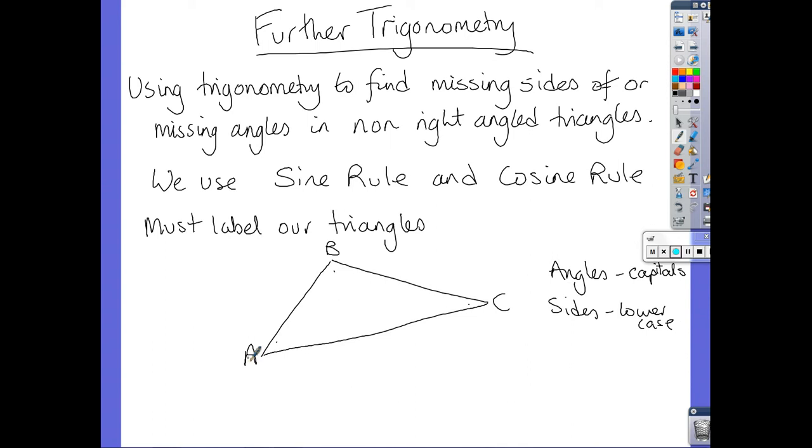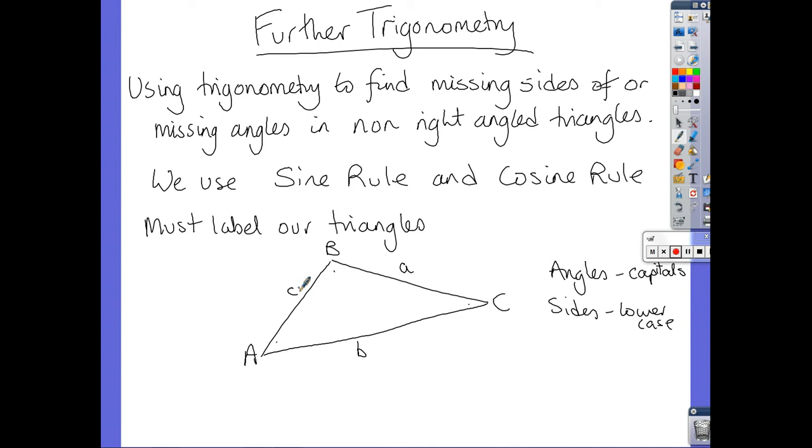So if this is the angle A, it's the side opposite that angle that has small a. If there is angle B, then the side opposite will be small b. And there is angle C, so the side opposite will be small c. So that's how you would label up your triangles for further trigonometry, for the sine rule or the cosine rule.